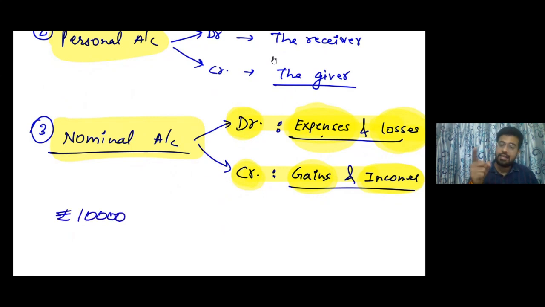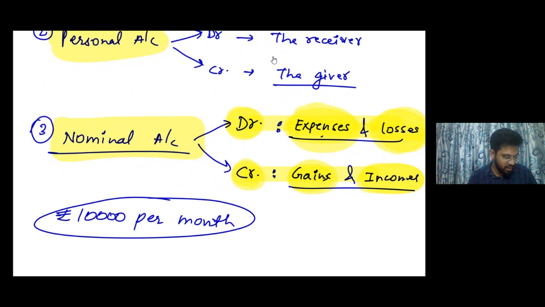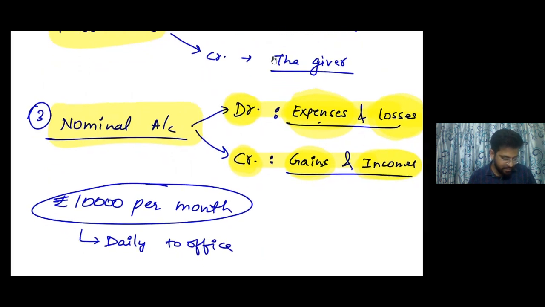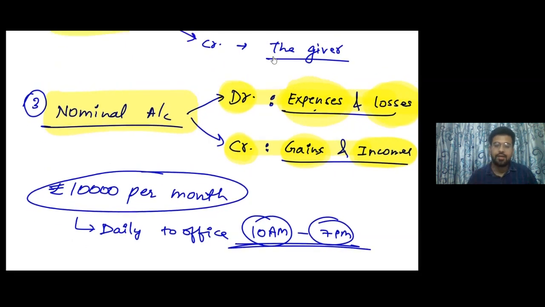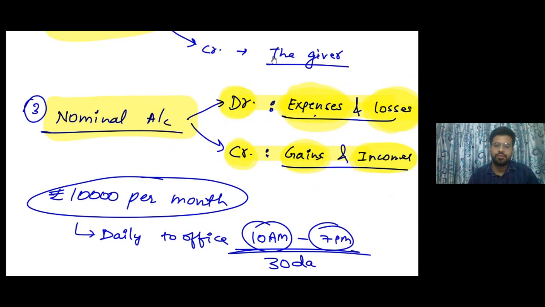But for getting that 10,000 rupees, you have to come daily to office, right from 10 a.m. in the morning till 7 p.m. in the evening. And you have to come for 30 days. No holiday. You have to come for 30 days daily to the office.